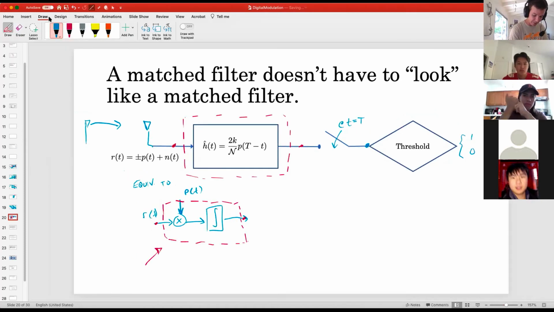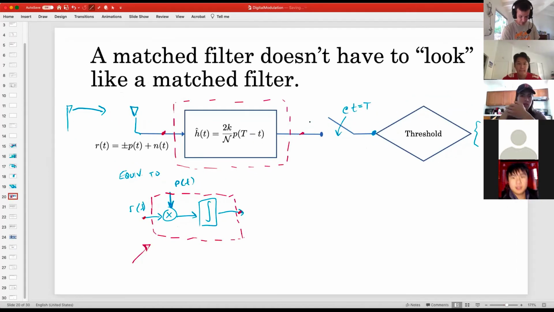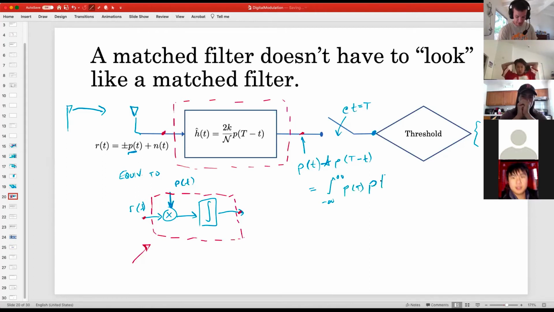So let's go back to blue. This signal is p(t) convolved with p(T minus t), plus some noise, but I'm just going to focus on the first term here. If we go back to our roots of convolution, we integrate over all time the first signal at a dummy time, times the second time reversed, so big T minus t minus the dummy.